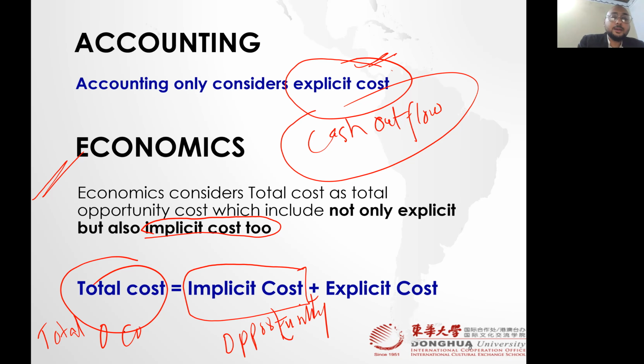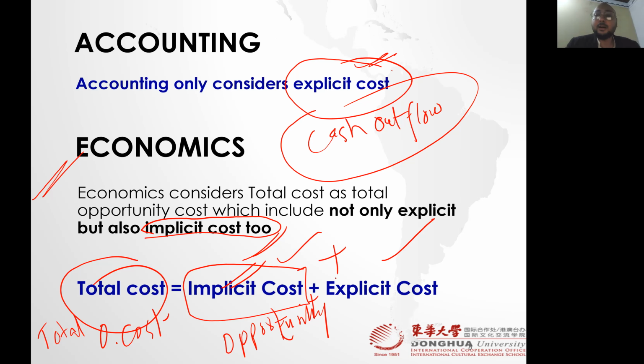So in economics, the total cost is called total opportunity cost. If the question only says implicit cost, it means we are talking about opportunity cost. If the question only says opportunity cost, that means we are talking about implicit cost. But if the question mentions total opportunity cost, then total opportunity cost is equal to implicit cost plus explicit cost.